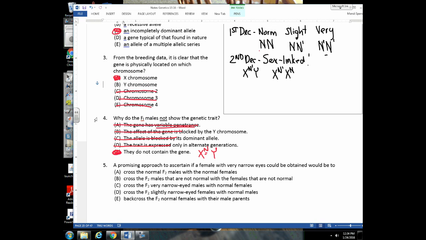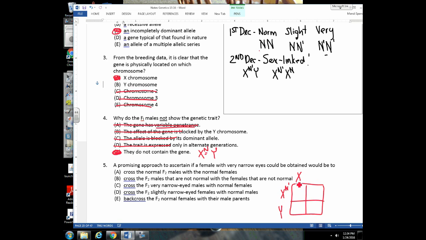Question 5 says, a promising approach to determine if a female with very narrow eyes could be obtained would be to, well, let's try to figure out how we would get a female with very narrow eyes. She's going to get an X from dad. You've got to have those X's with those narrow eyes. So we would have to cross a male that has very narrow eyes. And remember, we're trying to get a female that has very narrow eyes, and we don't know if we can.